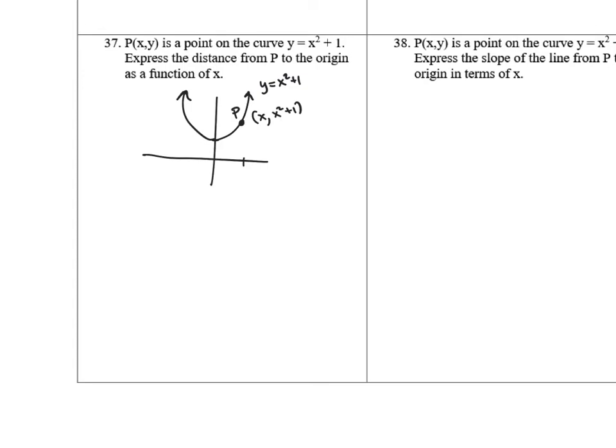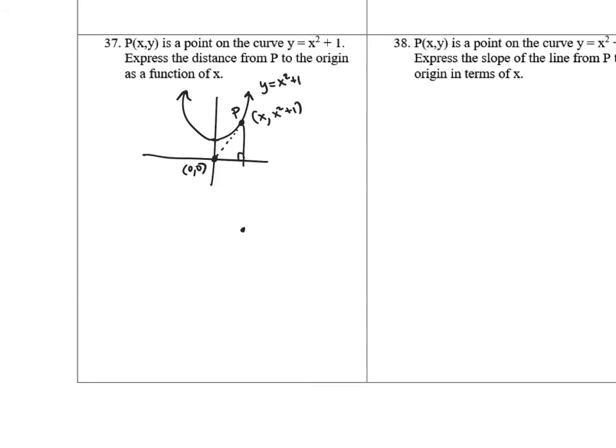It says express the distance from P to the origin as a function of x. So I'm going to go ahead and draw a line here. Distance actually is derived from the Pythagorean Theorem.